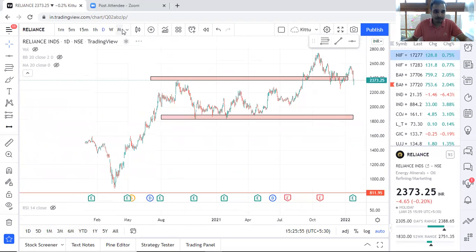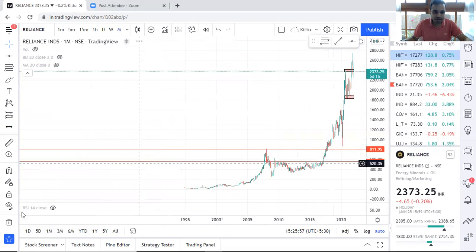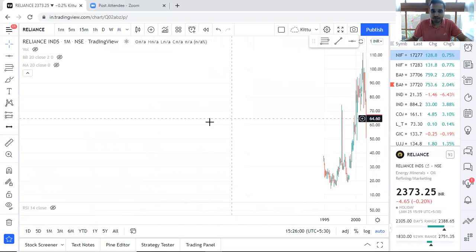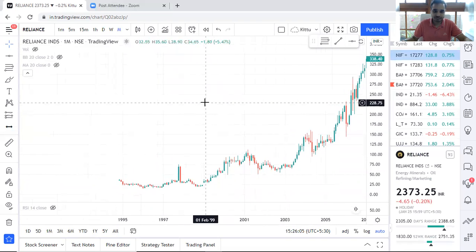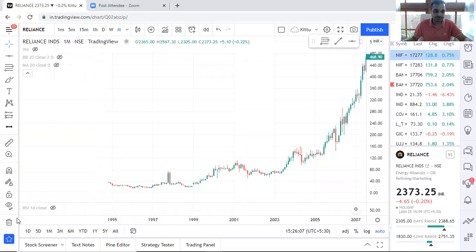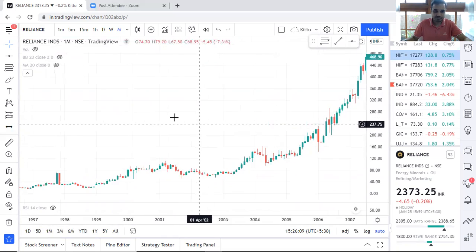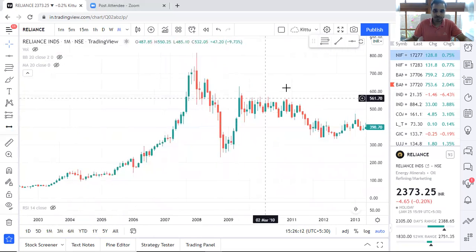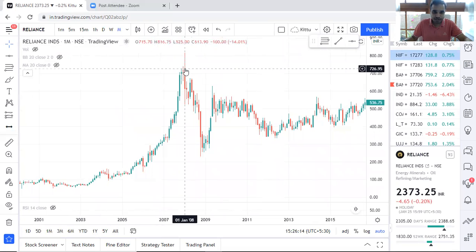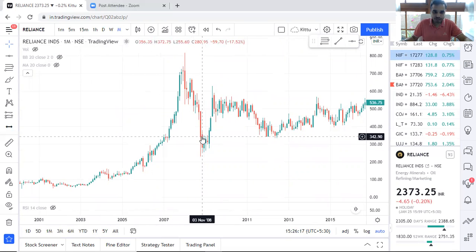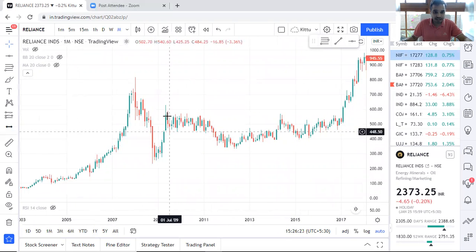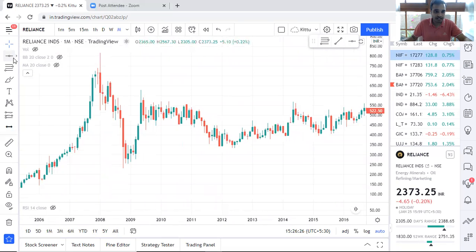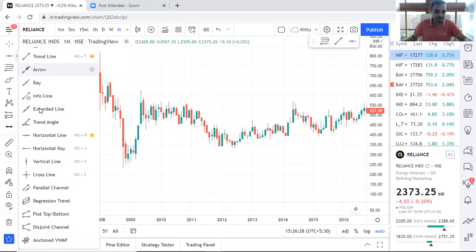So, for example, you can see this stock named Reliance. If we go back to the history, see, Reliance had a big crash in 2008, the market crashed, everything crashed. There is a big crash in Reliance. After that, whoever invested after that crash, what happened? Let us identify this zone.